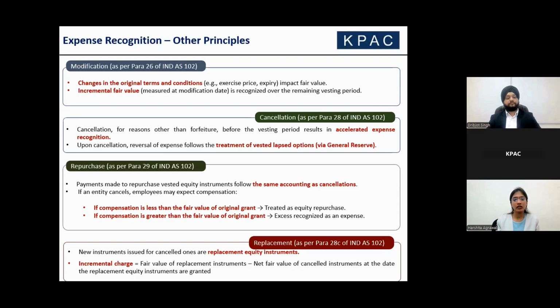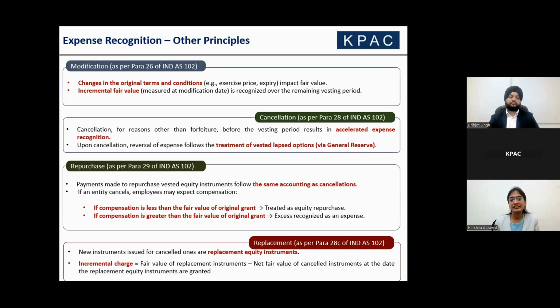Okay. Now coming to cancellations. Companies sometimes decide to cancel ESOPs, whether due to a change in business strategy, financial constraints, or other reasons. The important thing to note is that from an accounting perspective, a cancellation is treated as accelerated vesting.